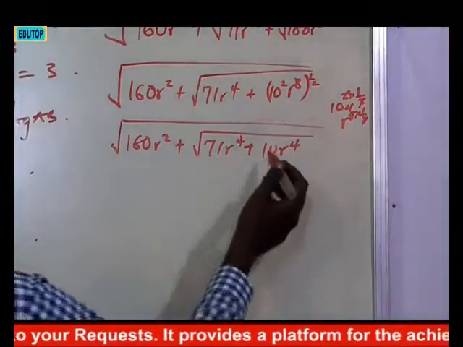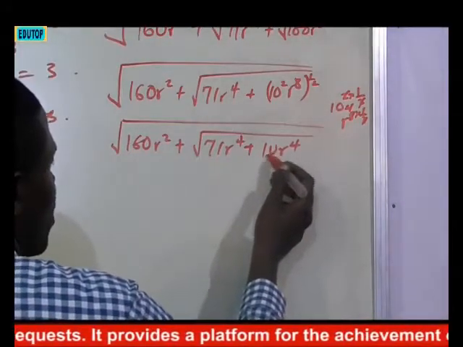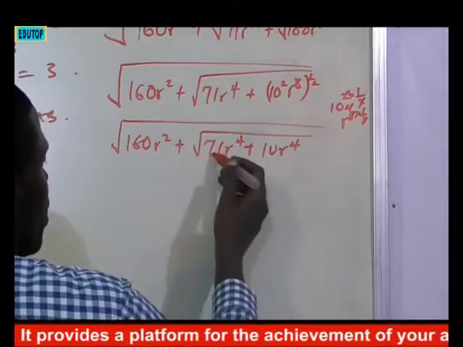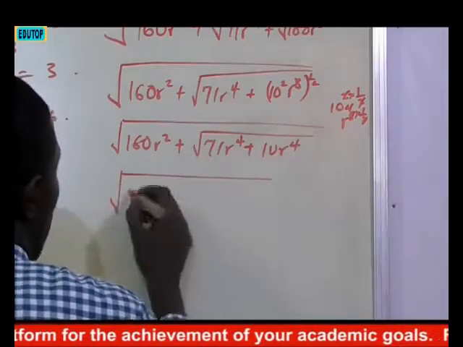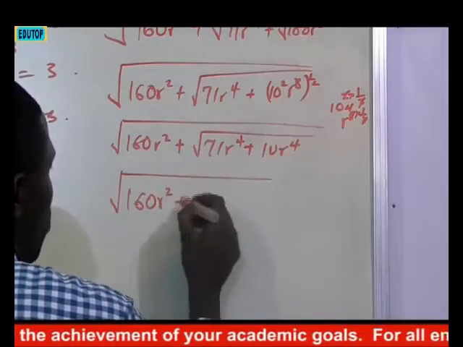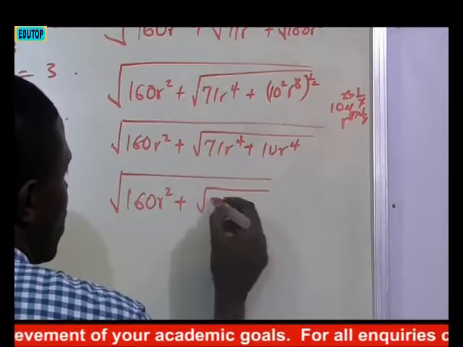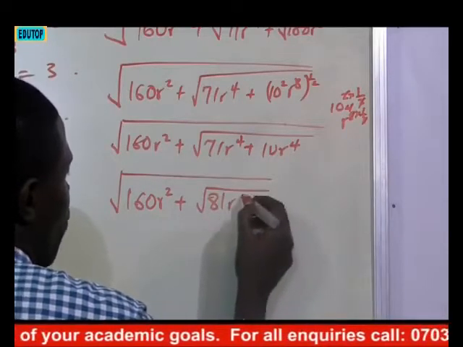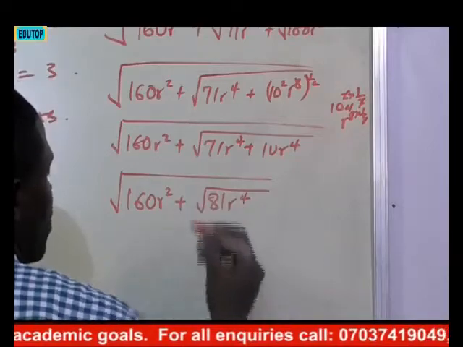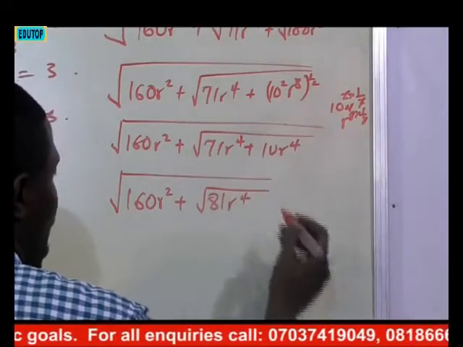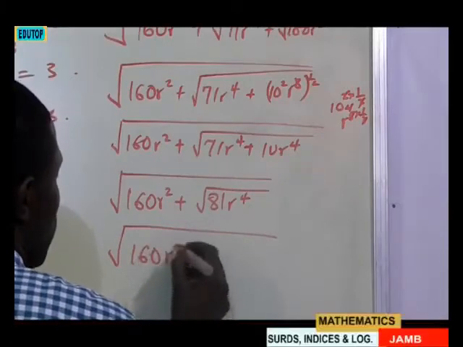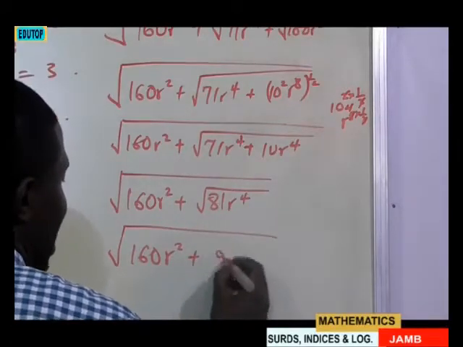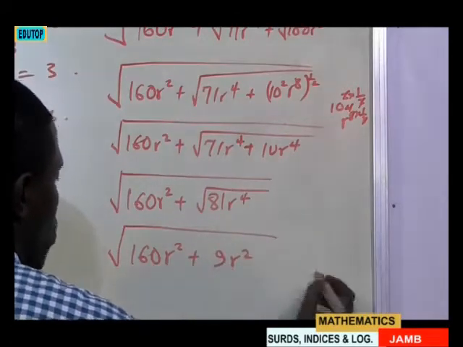In the second case now, I have 10 plus 10r^4 plus 7r^4. So automatically that will give us 160r squared plus this one will give us 81r^4. Square root of 81, 9. Square root of r^4, r squared. So I have the square root of 160r squared plus 9r squared.